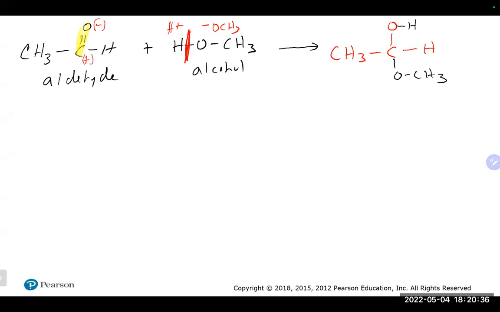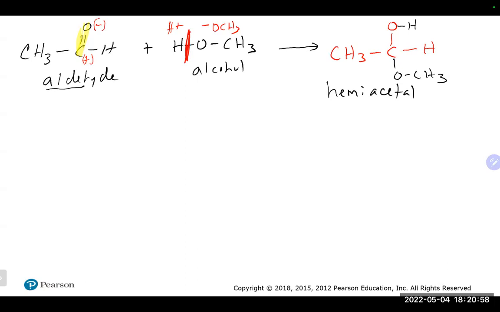What we just made here has a special name. It is what is known as a hemiacetal. It is a hemiacetal, hemi because it has an OH group on top there, and acetal because it came from an aldehyde, basically, is a good way to remember that.